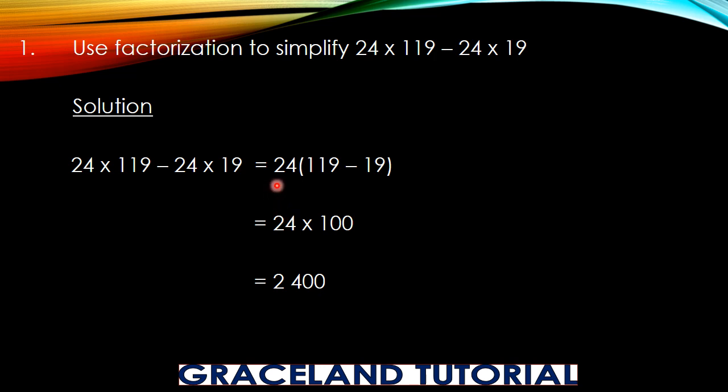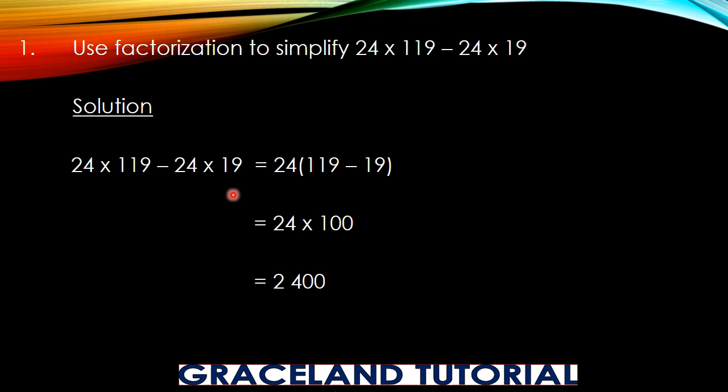Open a bracket. 24 in 24 times 119, meaning 24 times 119 over 24. 24 will cancel 24. We are left with 119 minus 24 in 24 times 19, meaning 24 times 19 over 24.